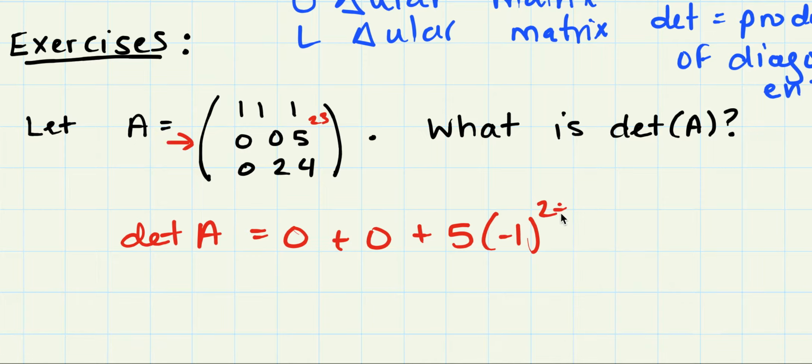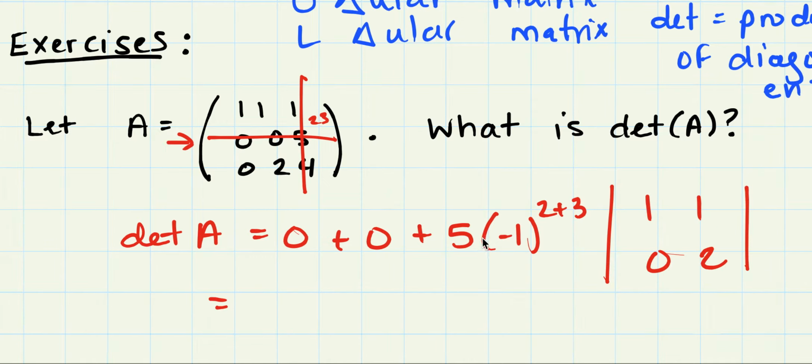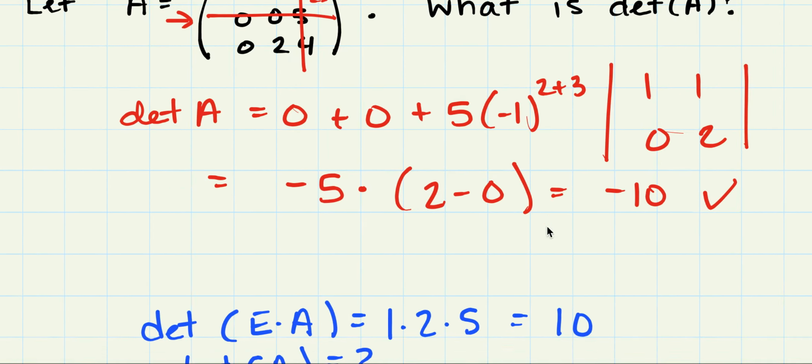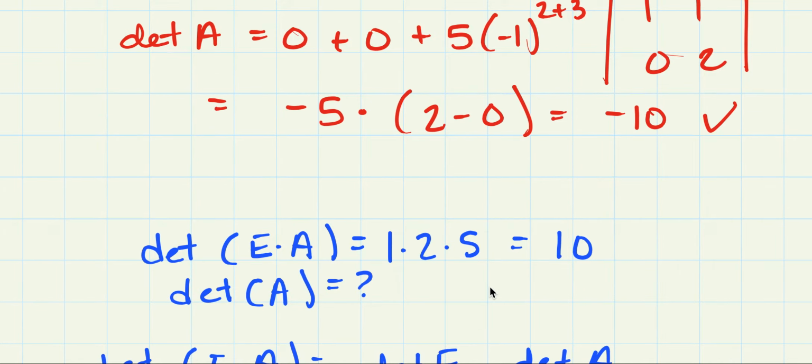Then we cross out this row and this column, and we take the determinant of this 2 by 2 matrix. So this is -1 to the 5th, so this is -5 times 2 minus 0, which is indeed -10. I don't know which one you think is easier, but it just gives you another option for finding the determinant.